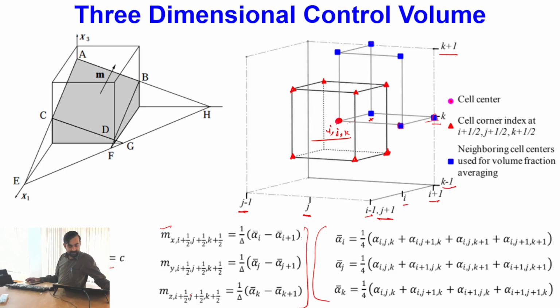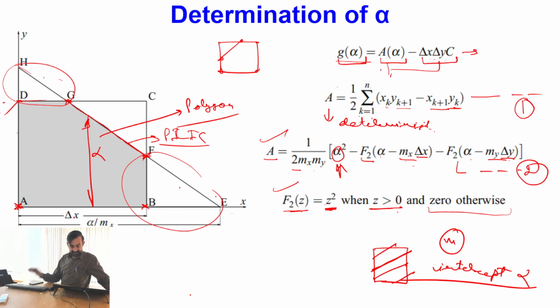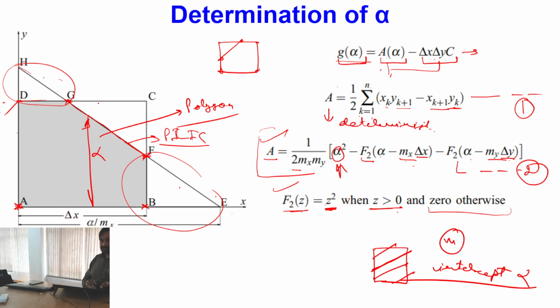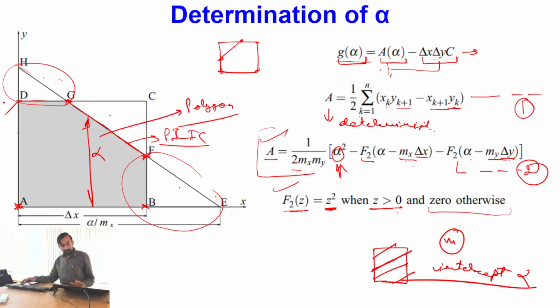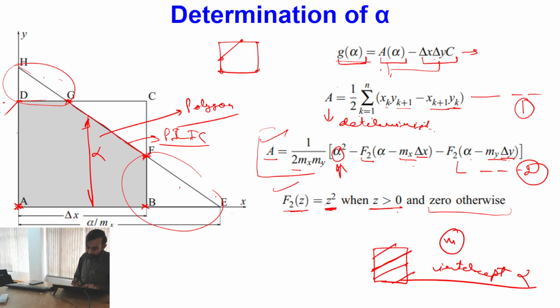Okay, and the way I have given you one equation for area calculation of a 2D grid which can be utilized for estimation of the value of alpha, in the similar way, for this 3D system we will be getting one equation for estimation of the volume. Okay, and the form of the equation is identical to this, but along with this I will be having one mz and more terms involved.